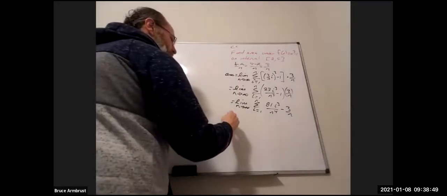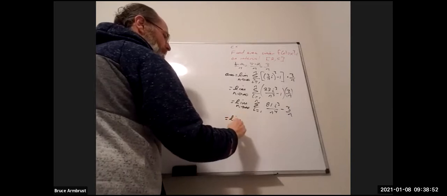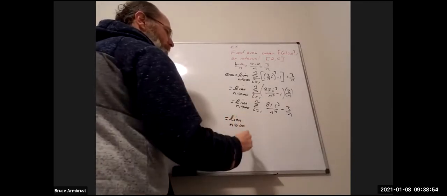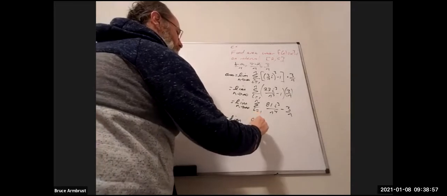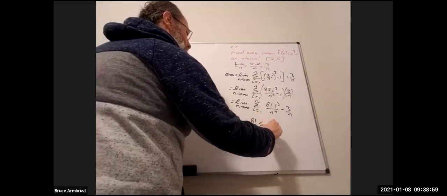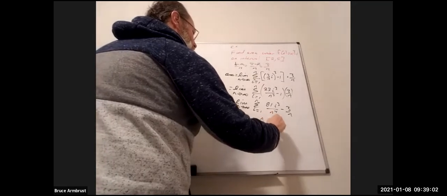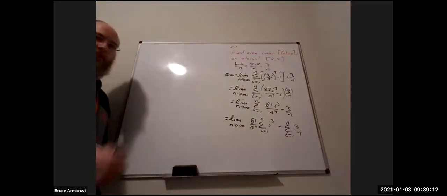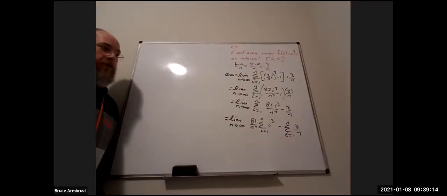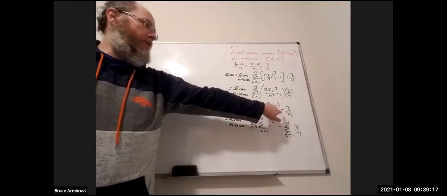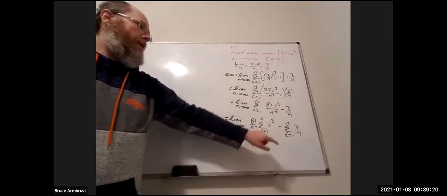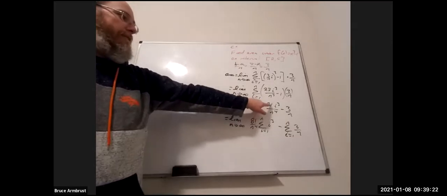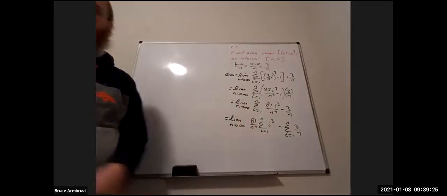All right, let's use our sum rules. So we're going to get 81 over n to the 4th times the sum of I cubed minus the sum of 3 over n. So I did two things there. The first was I split it into two sums because of the subtraction. And the second was I pulled out all that stuff that doesn't have I in front of that first sum.